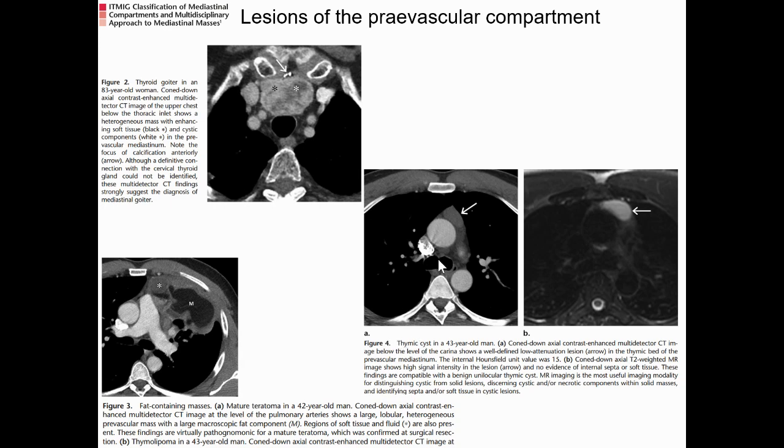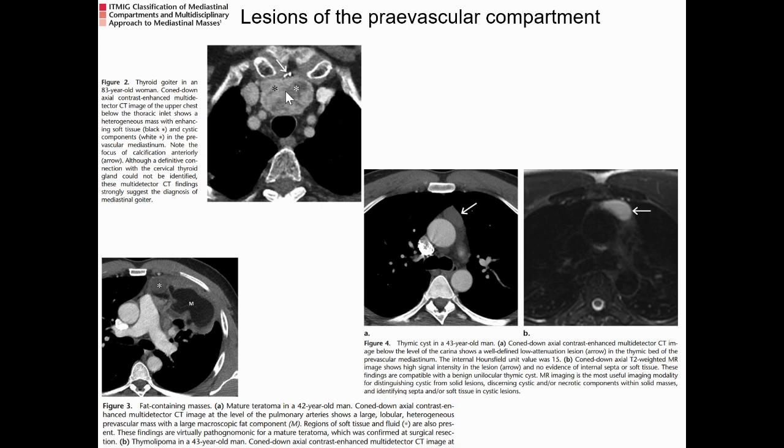Figure 4a is a CT image. You can see that in the prevascular compartment there is this homogeneous oval-shaped structure with sharp contours. If I were to measure the density of this structure, I would measure water because this is a cyst. If I perform the T2 weighted MR image, then on the T2 it's bright white because it contains just water. So this is a cyst.